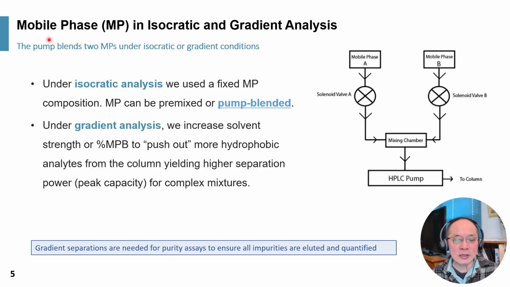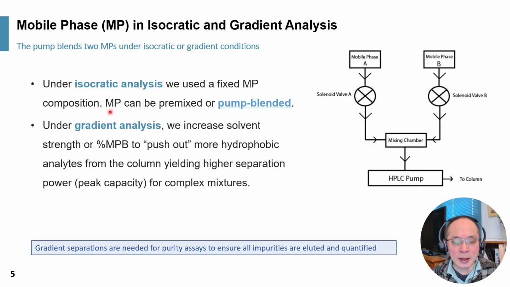Mobile phase in isocratic and in gradient analysis. Generally, the pump can blend two mobile phases under either isocratic or gradient condition. In isocratic conditions, we use a fixed mobile phase composition.